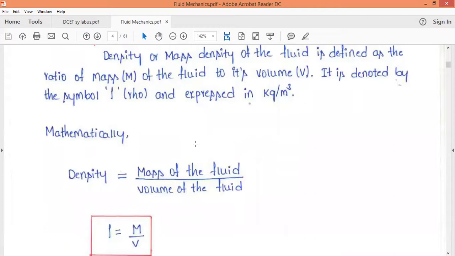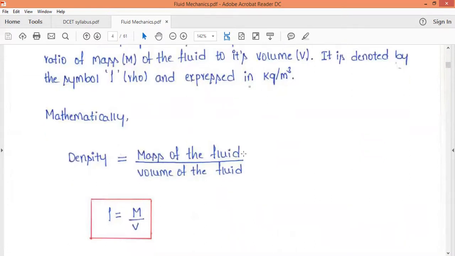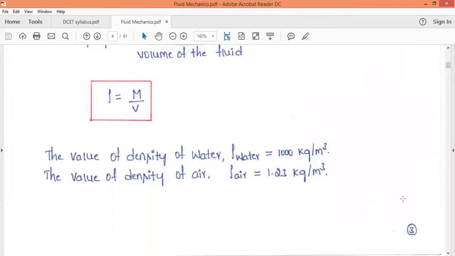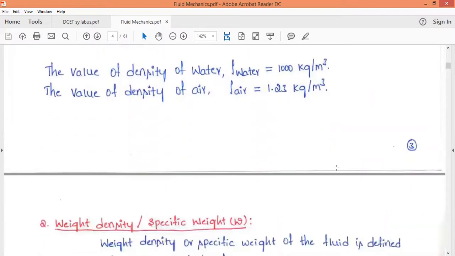It tells us, if we consider 1 meter cube volume of any fluid, how much mass it is going to occupy. Mass per unit volume is nothing but the density, denoted by the symbol rho and expressed with the unit kg per meter cube. The density of water is 1000 kg per meter cube and the density of air is 1.23 kg per meter cube.